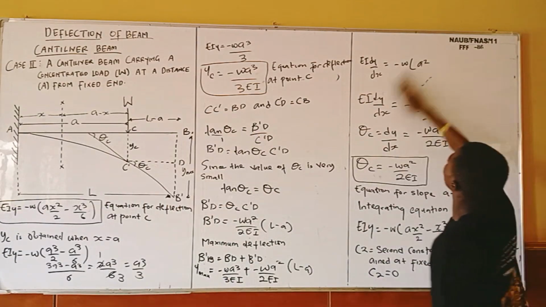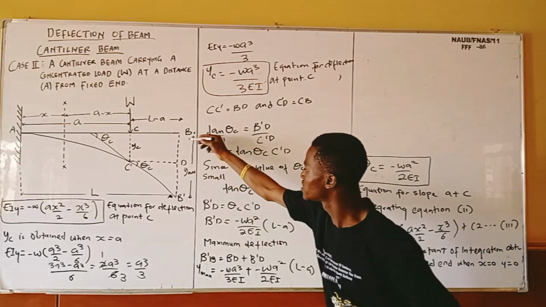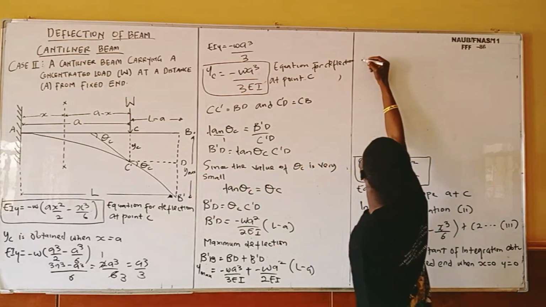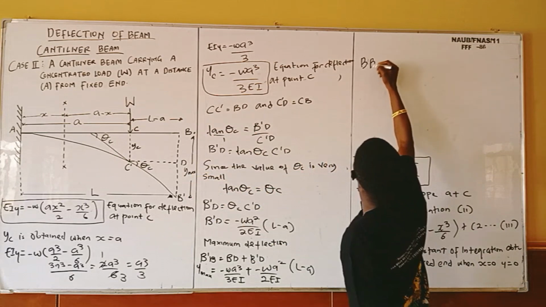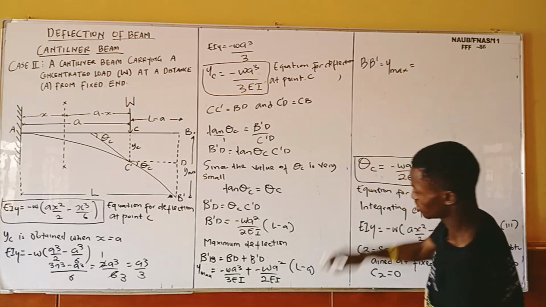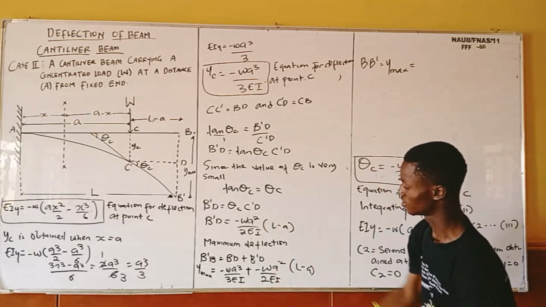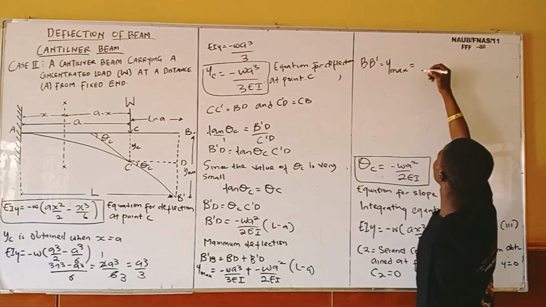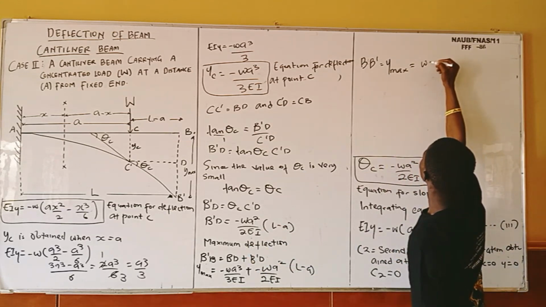So now my Y maximum at this point, which is B prime, is going to give me this one. This is downward. You understand? So this negative means that the deflection is downward.